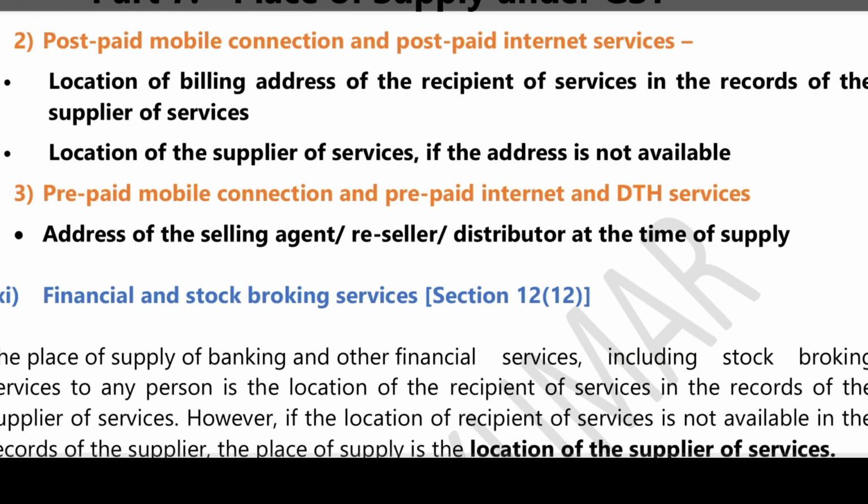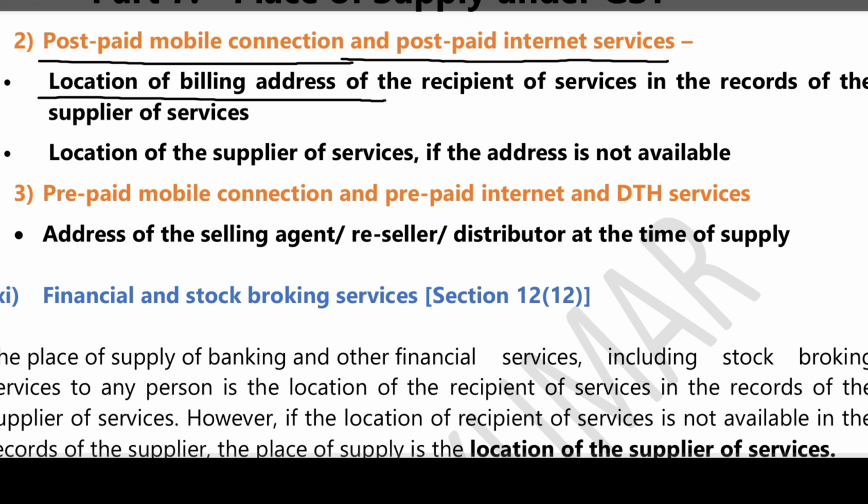And in case of postpaid mobile connection and postpaid internet services, in such cases the location of billing address of such recipient of service in the records of the supplier of services will be the place of supply.